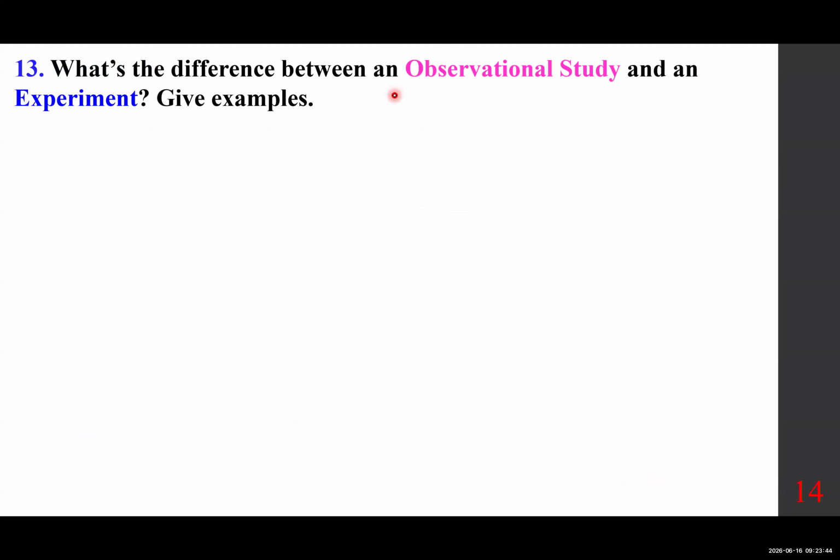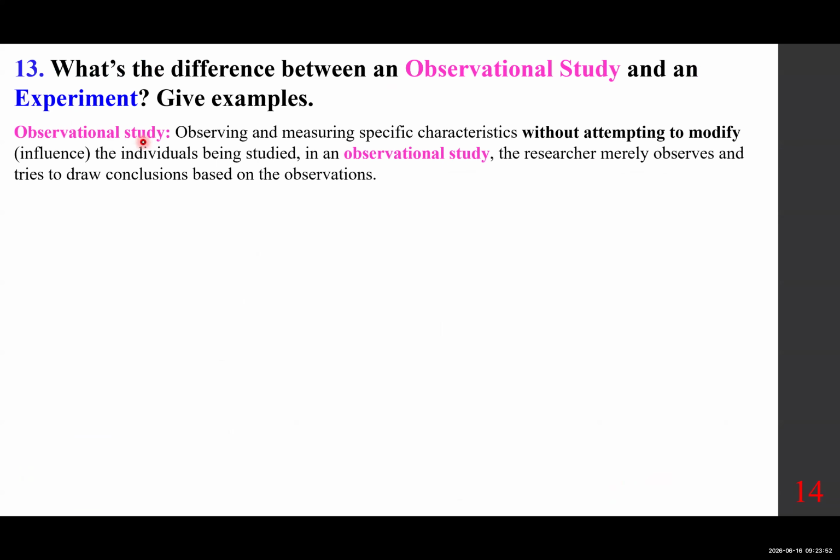What's the difference between an observational study and an experiment? Give examples. Observational study: observing and measuring specific characteristics without attempting to modify or influence the individuals being studied. In an observational study, the researcher merely observes and tries to draw conclusions based on the observation.